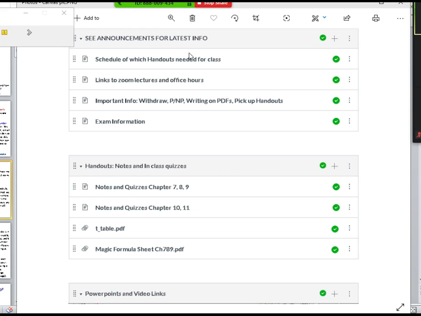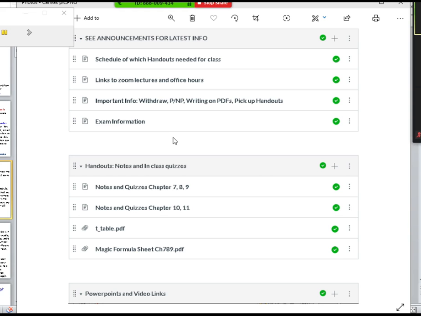So I created a schedule of which handouts are needed for the class from now to the end of the semester, so you can log on there and see it. These have been up there already. But here's where I put all the information and links that you need if you need the withdraw form or the PNP form, how to write in PDFs, or information on picking up handouts at my house.